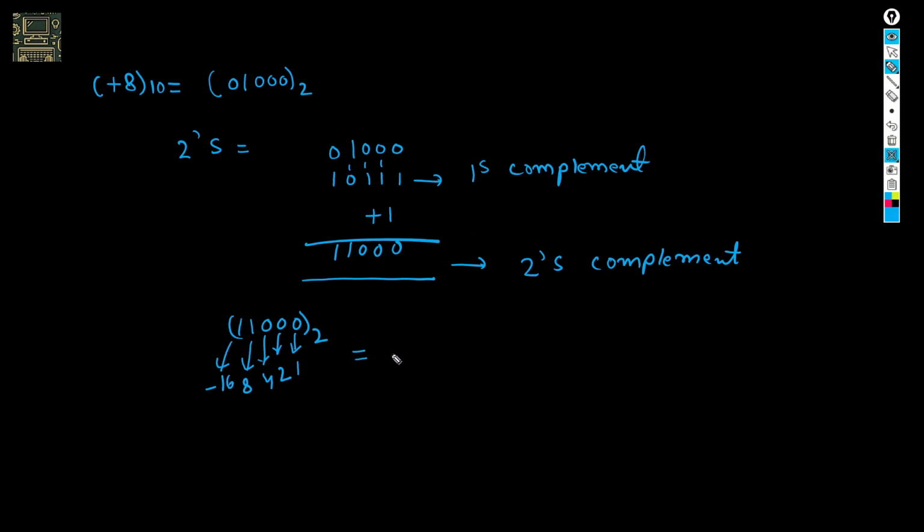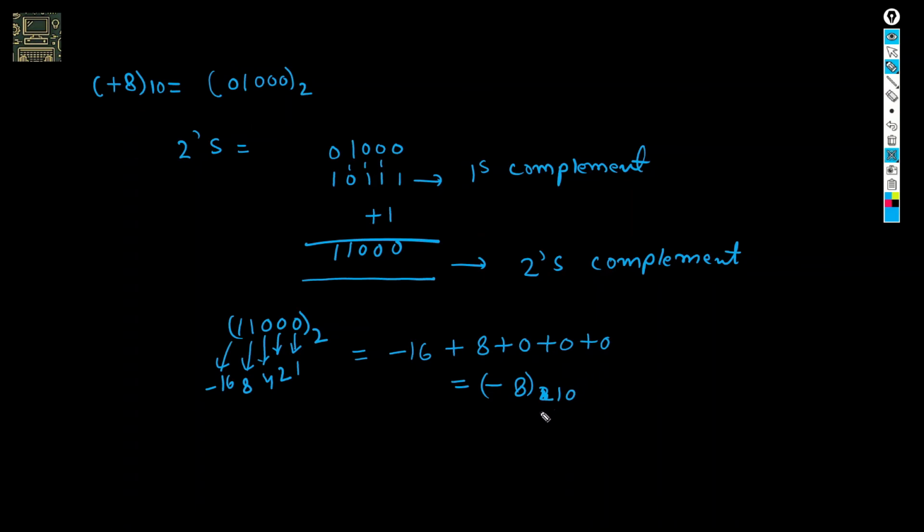Now what is the value of the number? Minus 16 plus 8 plus 0 plus 0 plus 0. So this is nothing but minus 8 in the decimal number system.